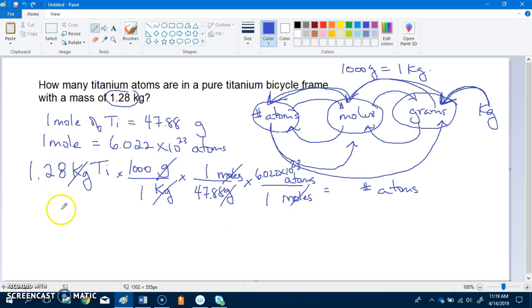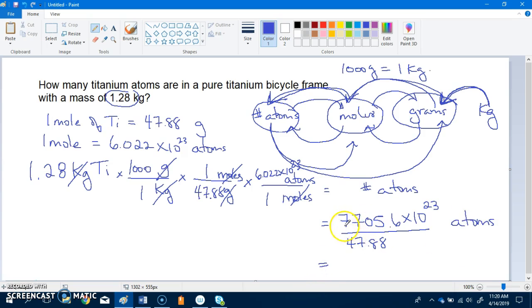Now I am going to do my multiplication. I'm going to take 1.28, doing it on my calculator right now, 1.28 times 1,000 times 1 times 6.022, which is equal to, I don't have a lot of room, so I'm just going to do another line here, 7,705.6 times 10 to the 23, and that's all over 1 times 47.88 times 1, which is 47.88 on the bottom, atoms.